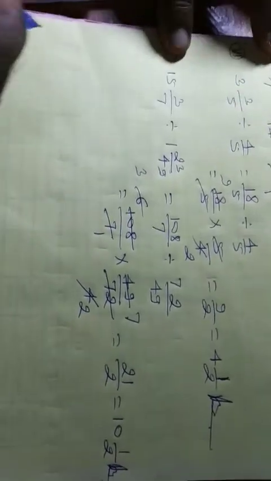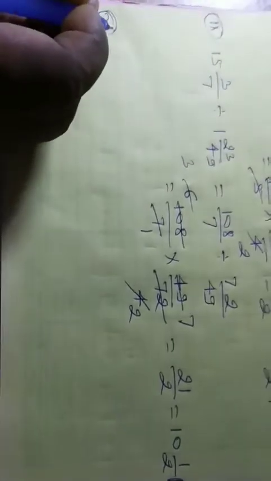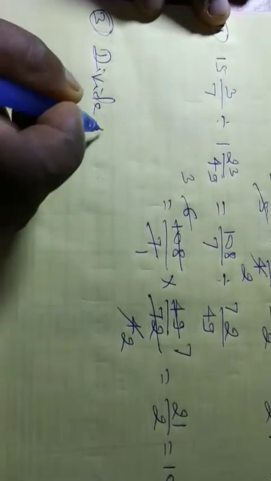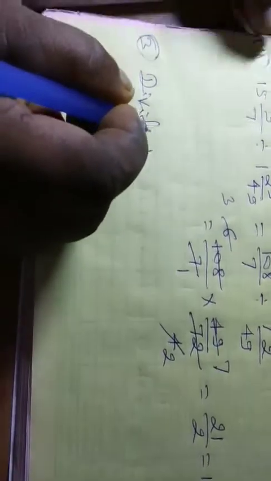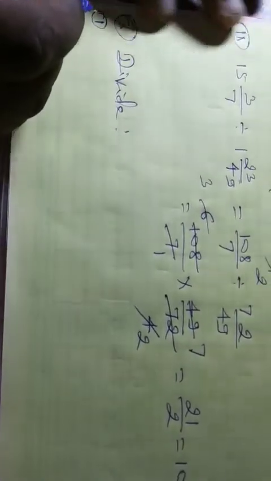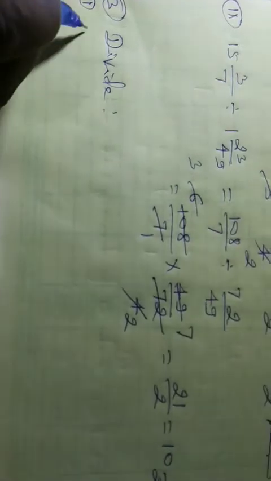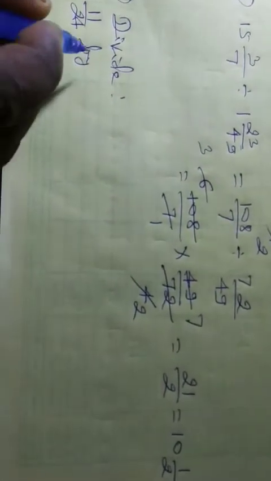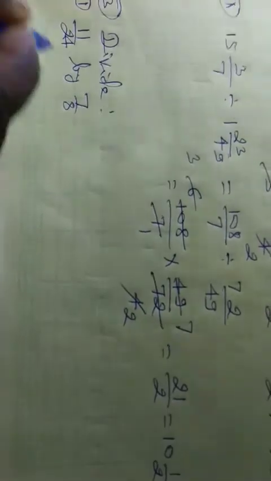Now question number 3. In question number 3, it is divide. Here question number 1 of 3: 11 by 24 divided by 7 by 8.